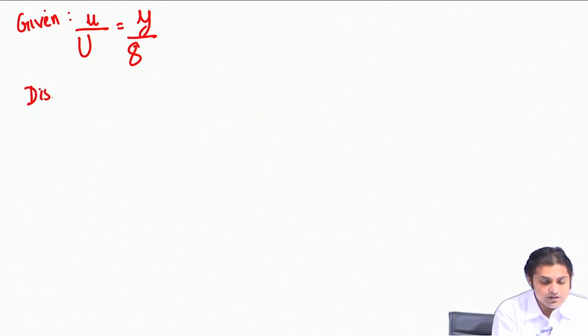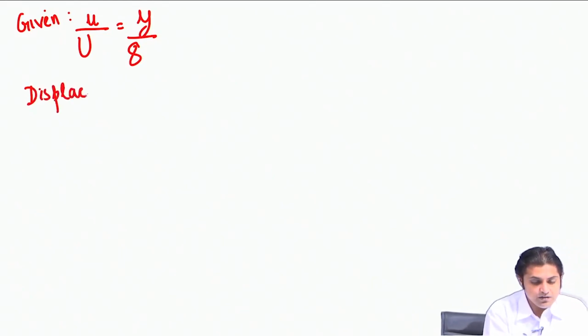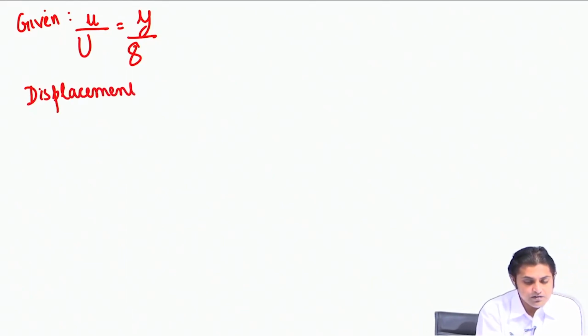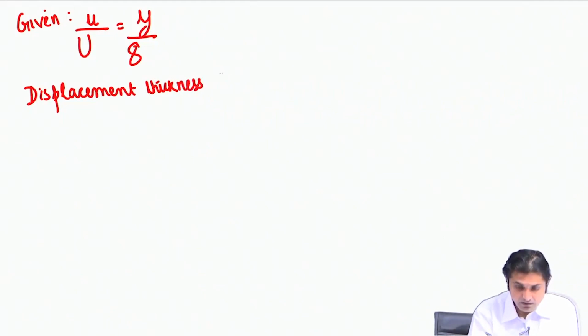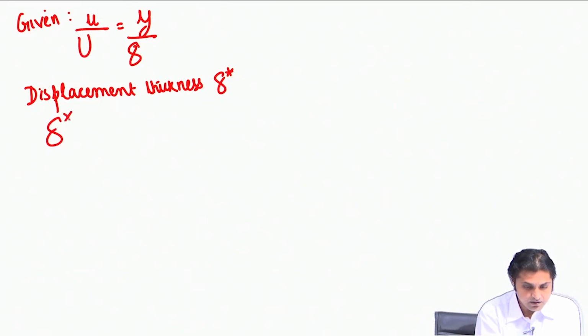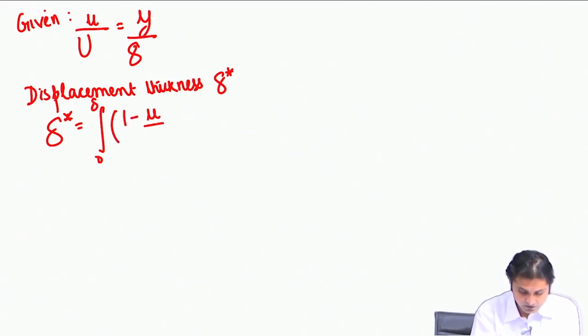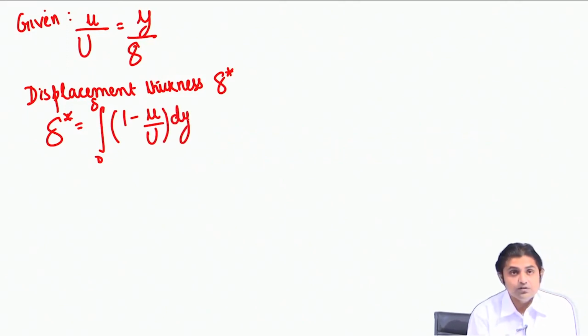By definition, displacement thickness delta dash is given as integral 0 to delta of 1 minus u by capital U into dy.